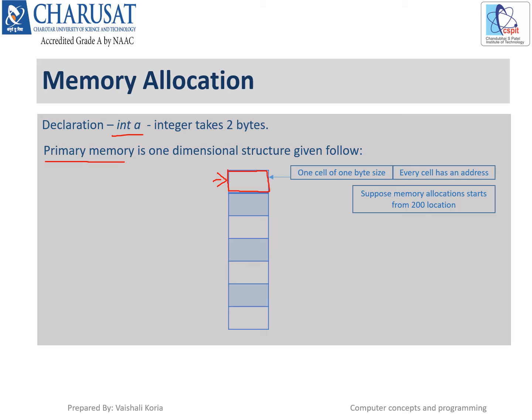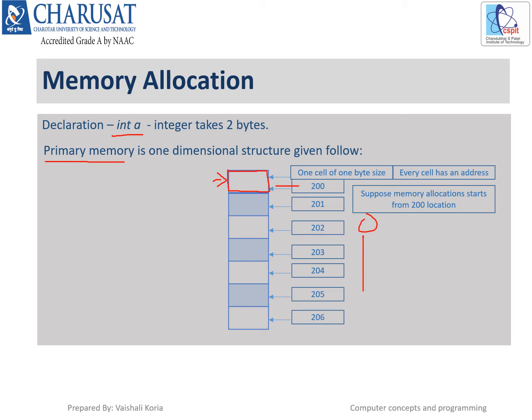The address starts with 0 and goes up to the memory capacity of the computer. Now suppose you are declaring this integer a, and at that time location 200 is free. So suppose this memory is shown from location 200. These are the addresses of the different cells: 200, 201, 202, like this, up to the capacity of the memory.